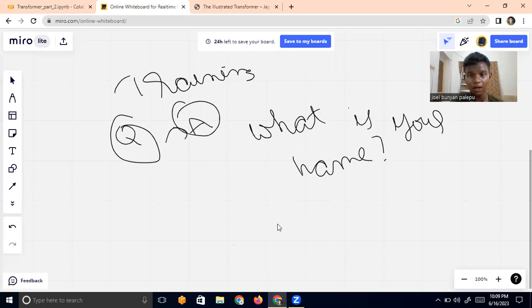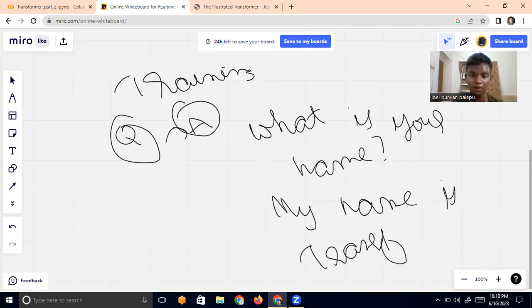So let's say the answer is, my name is Transformer. Now that we are talking about transformers, my name is Transformer. So this is the required answer. We want the model to predict this answer.